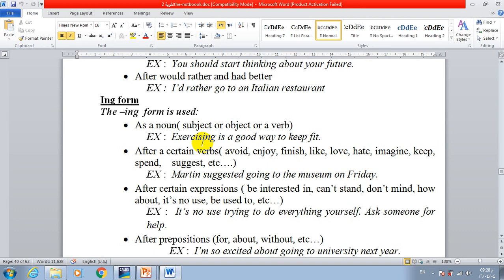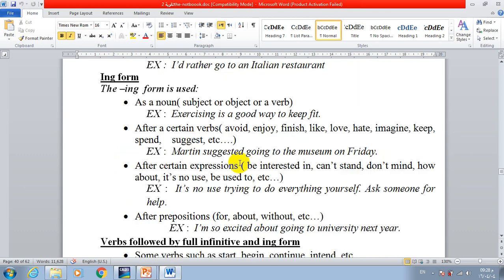And we use the ing form after certain verbs. There are some verbs after which we use the ing form. Like you see, avoid, enjoy, finish, like, love, hate, imagine, keep, spend, suggest, etc. After all these verbs we put the verb plus ing.